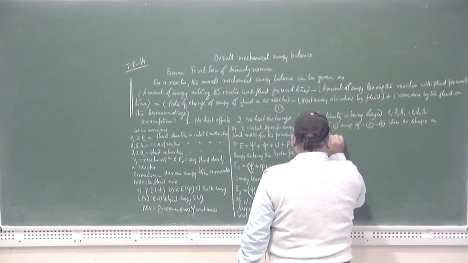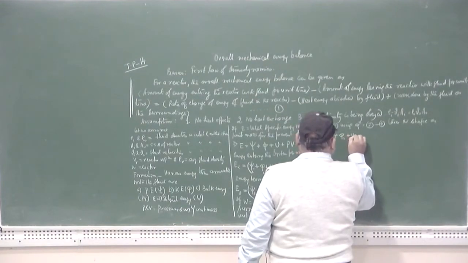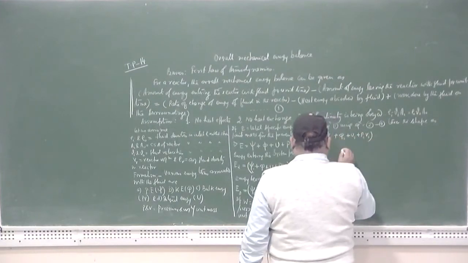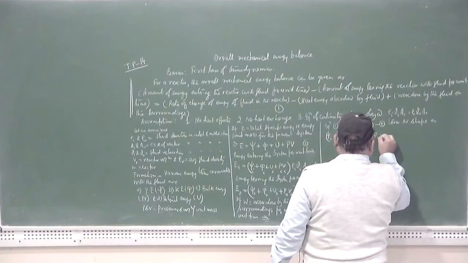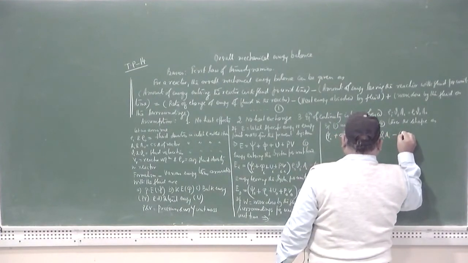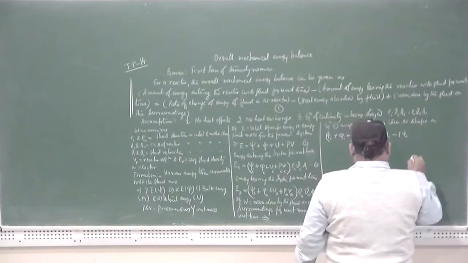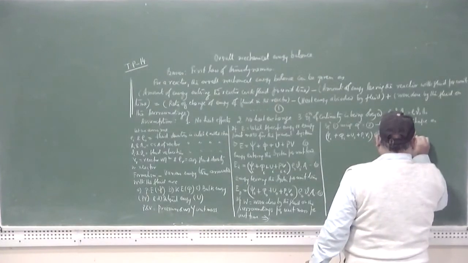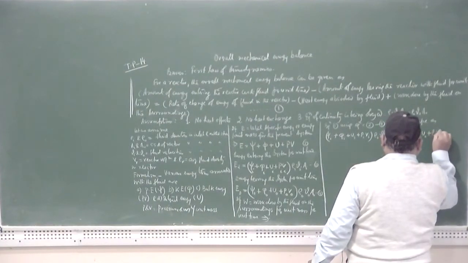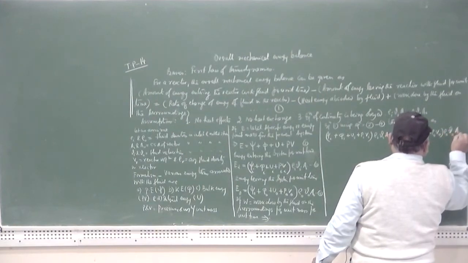amount of energy entering, that is psi I plus phi I plus u I plus p I v I multiplied by rho I v I a I, minus psi naught plus phi naught plus u naught plus p naught v naught into rho naught v naught a naught.